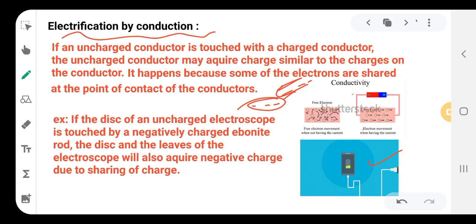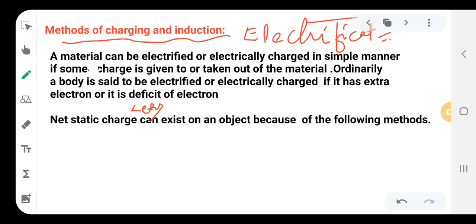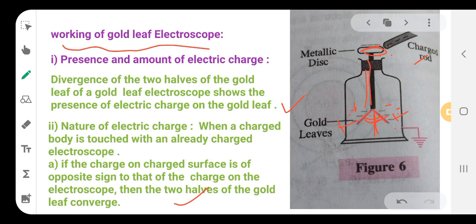One more example, for the electroscope: if the disc of an uncharged electroscope is touched by a negatively charged ebonite rod, the disc and the leaves of the electroscope will also acquire the negative charge due to sharing of the charge. Okay, you have seen in the diagram here in the electroscope.